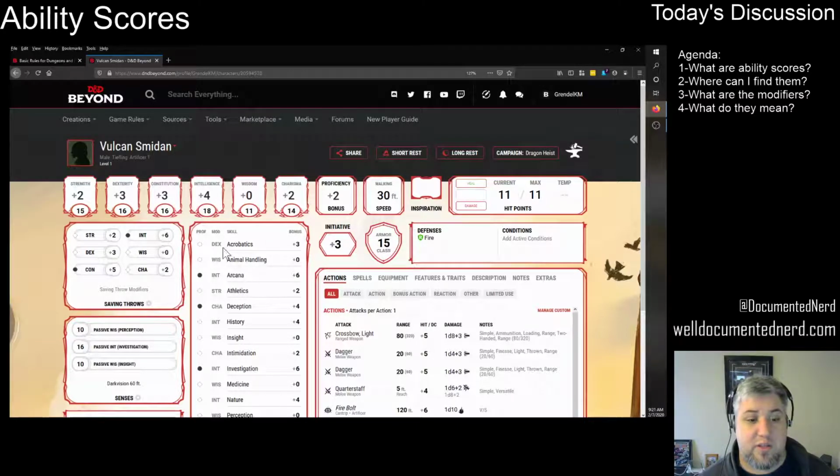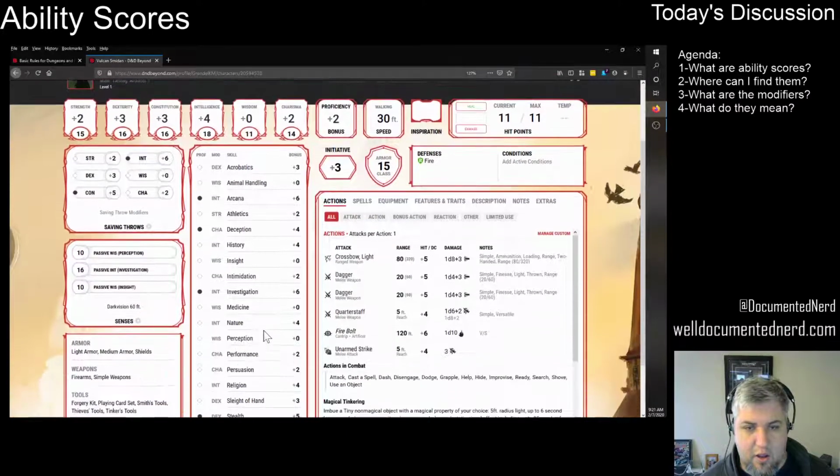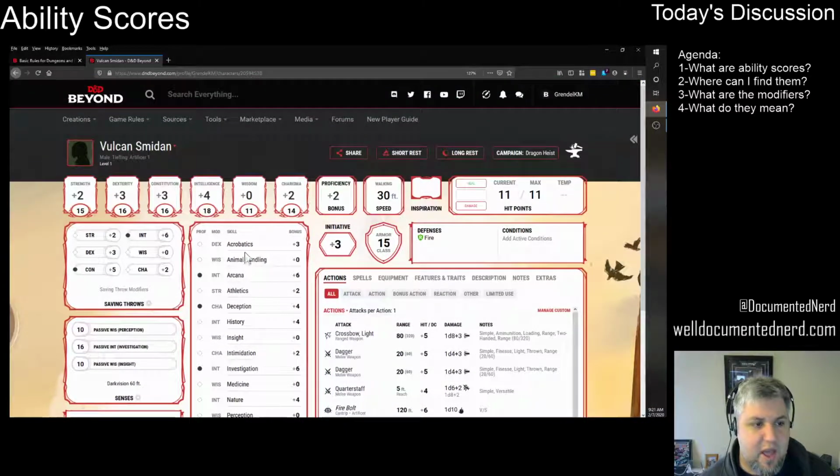This relates to things like your skills. If I look over here, down here's my skills block. If you notice on my skills list, every skill that's listed here has a mod next to it. This identifies what it's connected to. For example, Arcana, understanding of magic forces and how they work, is keyed off my intelligence.